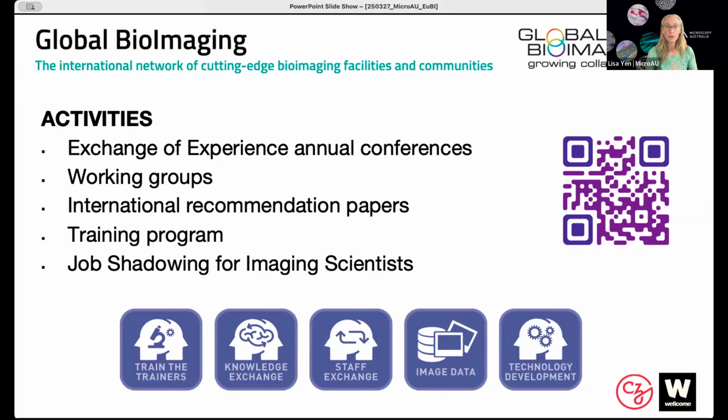There are a number of working groups that members can then connect through outside of that Exchange of Experience, which quite often leads to international recommendation papers. So I'd really encourage everyone to go and have a look for those, because they do range from how to put training courses together, to career pathways, which we'll talk a little bit more about, but also social impact.